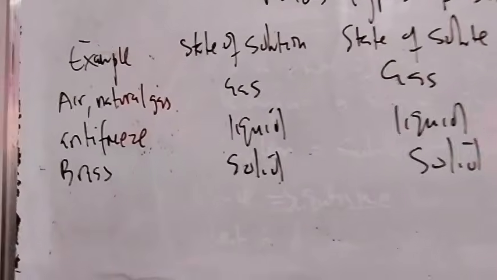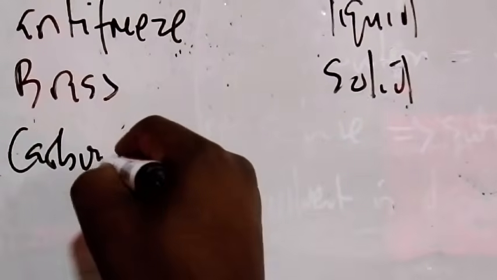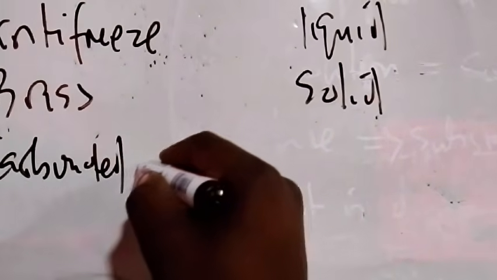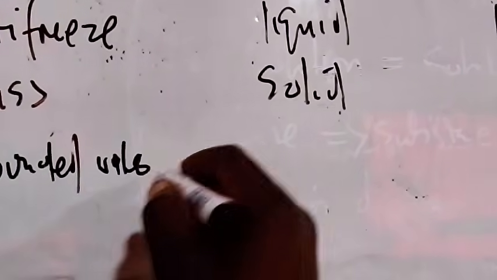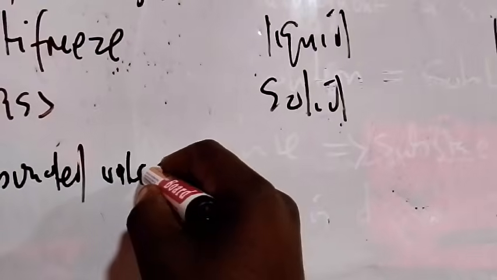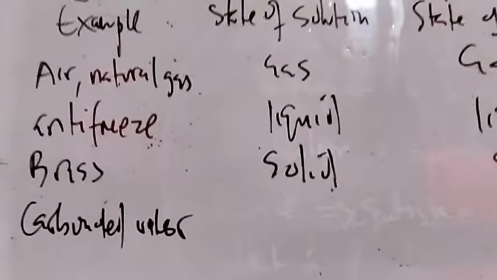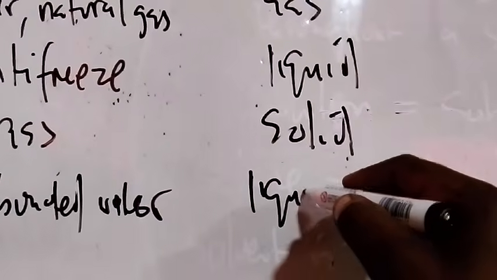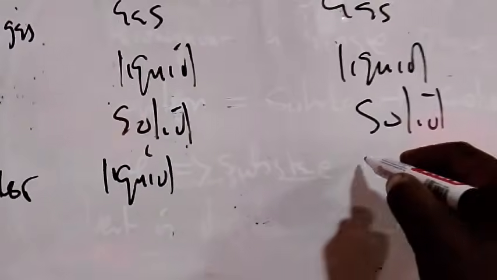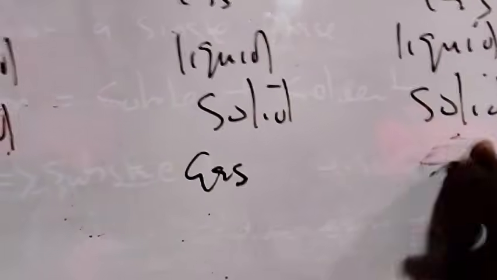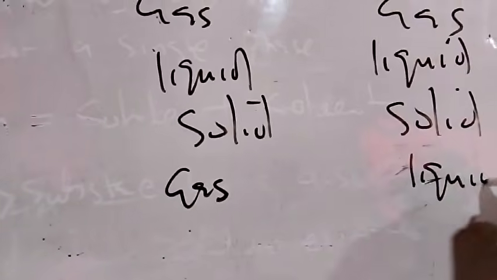We can also look at carbonated water. Here carbon dioxide is dissolved in water, like carbonated drinks. State of solution, liquid. State of solute, gas, which is carbon dioxide. State of solvent, liquid.